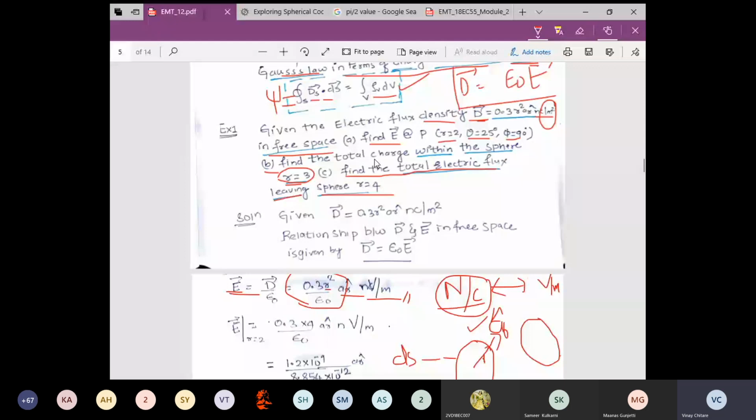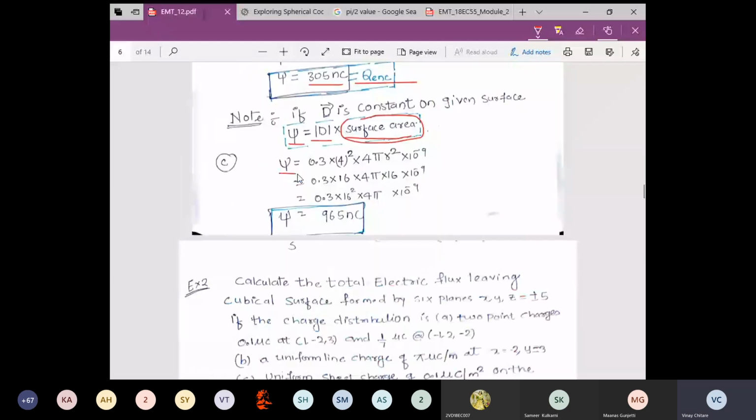In the C part, they are asking what is the total flux leaving a sphere of r equal to 4. Hence I say that the flux leaving a sphere of radius r equal to 4 is nothing but 0.3 into 4 square.